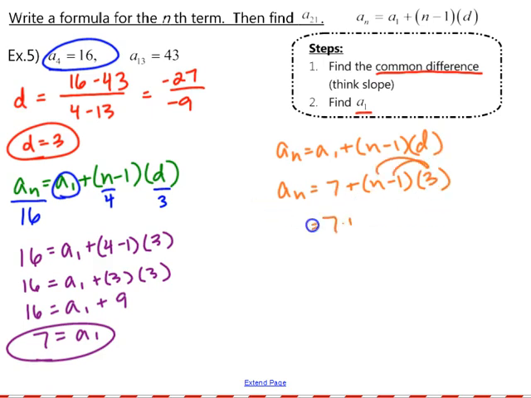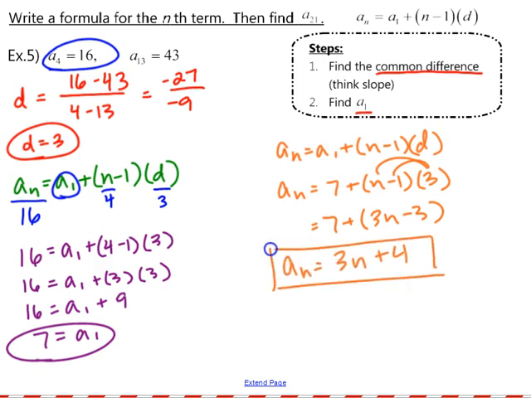So we get 7 plus 3n minus 3. Simplify, a sub n is equal to 3n plus 4. This is our formula for the nth term, and again, finding a sub 21, the 21st term, substitute in 21 for n, and we're going to get a sub 21 is equal to 67.